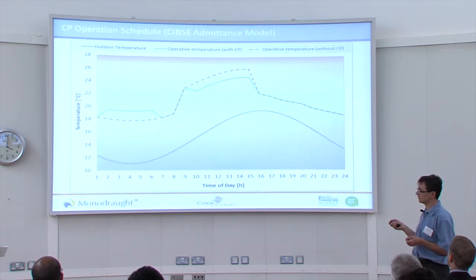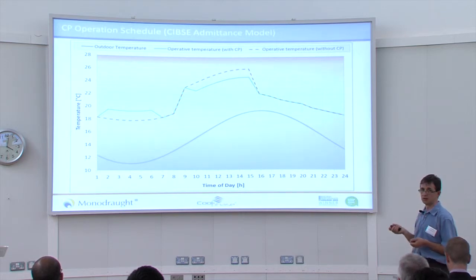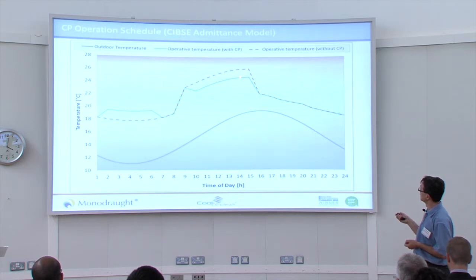And now what cool phase does during nighttime, it tries to freeze the PCM, so we are emitting a bit of heat, which is expelled during nighttime. And at daytime, we are melting the PCM, so we are taking away heat from the room, and in that way, the peak temperature in the room will be less.